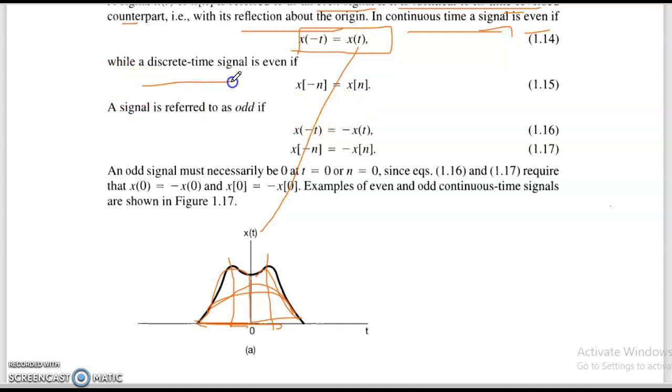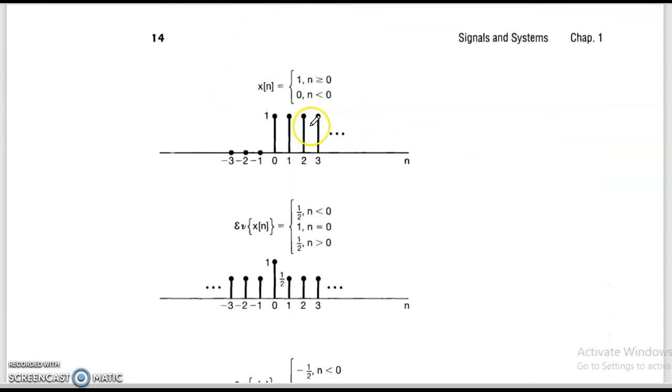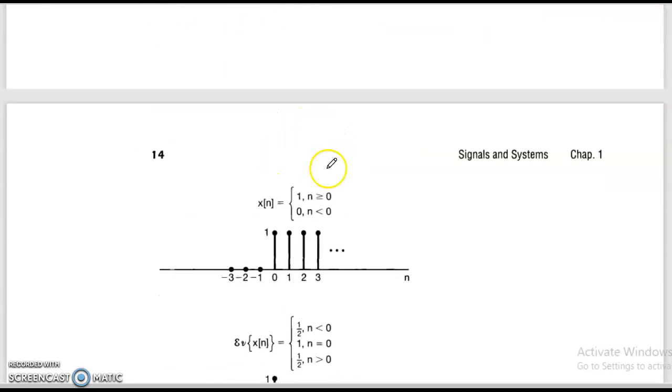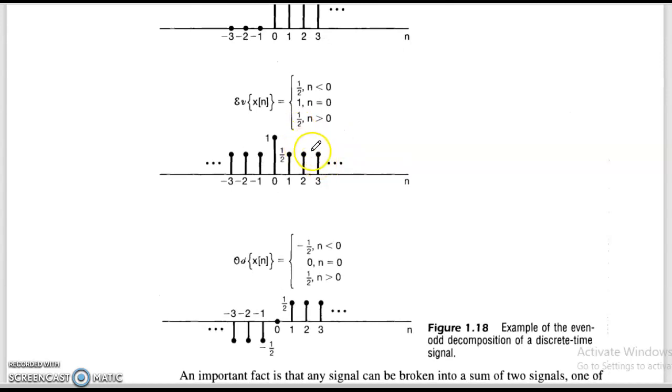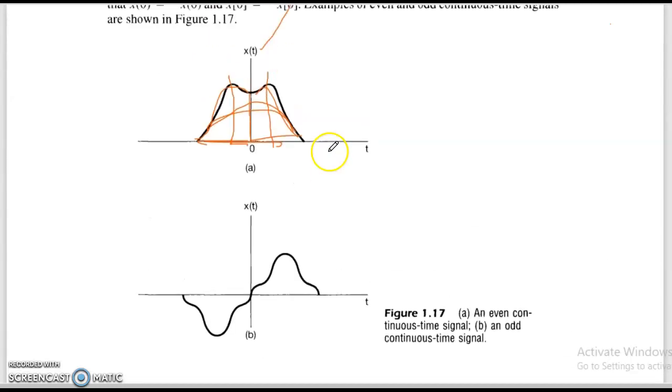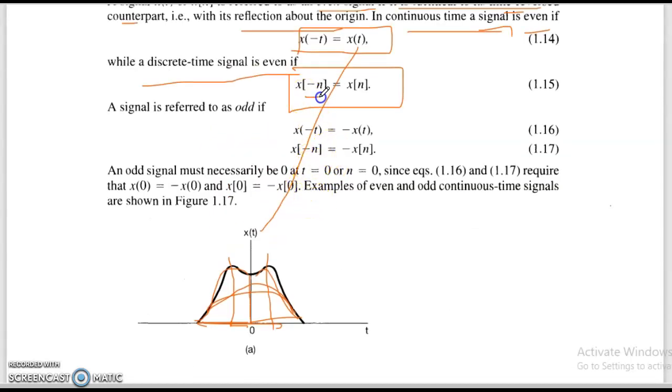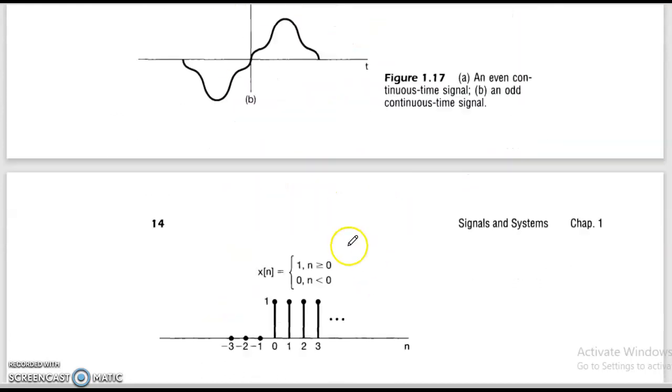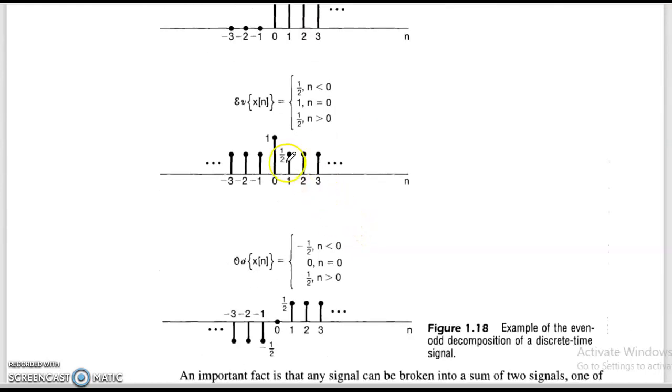While a discrete time signal is even if x of minus n equals x of n. Here, this is x of n, this is x of minus n.